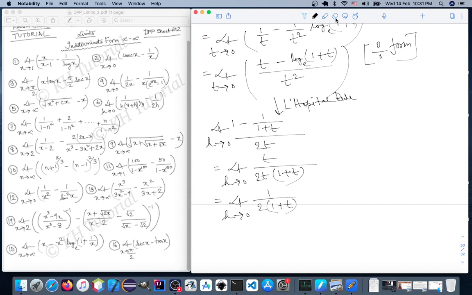Sorry, this will be t. So now if we directly substitute the value of t as 0, we get the answer is half.